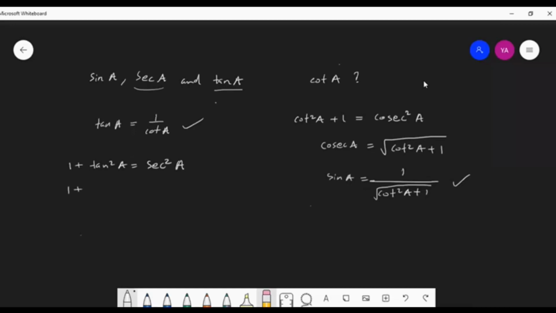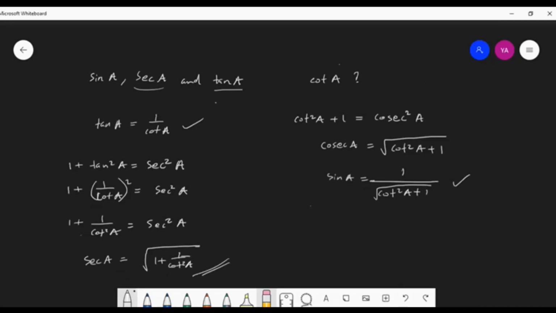So we'll get 1 plus 1 by cot square A is equal to sec square A. So simply take the square to the left, you will get sec A is equal to square root of 1 plus 1 by cot square A. This is enough. Okay, so we have expressed the given three ratios in terms of cot A.